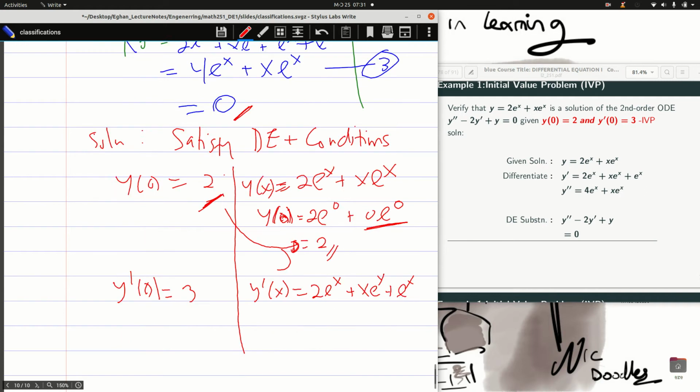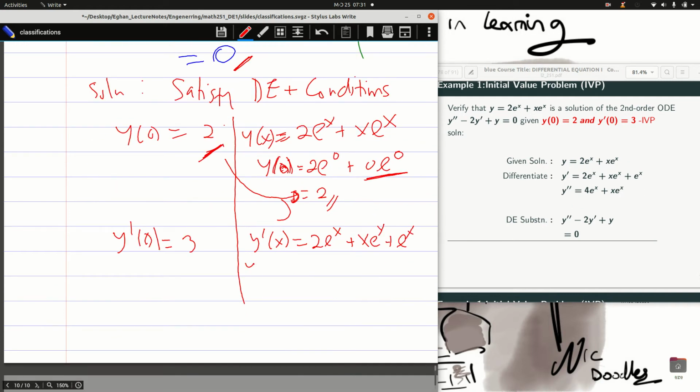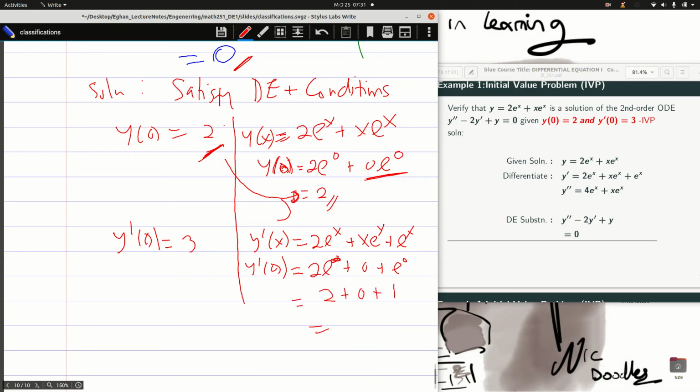Again, y prime at 0 should give me 3. Let's verify that. 2e to the power 0 plus 0 plus e to the power 0. Any number to the power 0 is 1, so I have 2 plus 0 plus 1, and that is 3. Hooray! So it is indeed a solution to the equation because it satisfies everything about the equation.